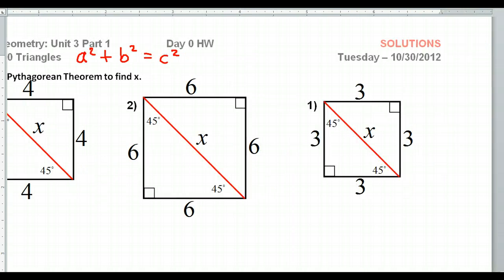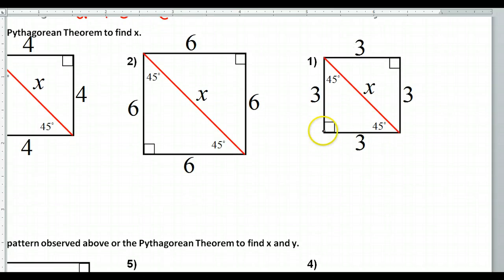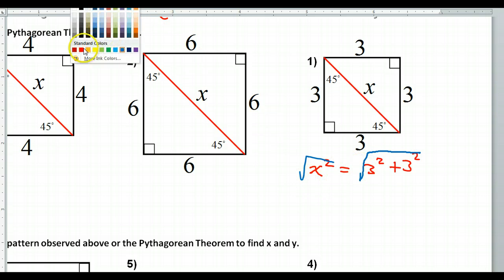So focusing in on problem number 1, if I do the Pythagorean theorem to find x, it's going to look like this. X squared is equal to 3 squared plus 3 squared. I like to just go ahead and take the square root at this point, but you could work it out by hand if you wanted to.